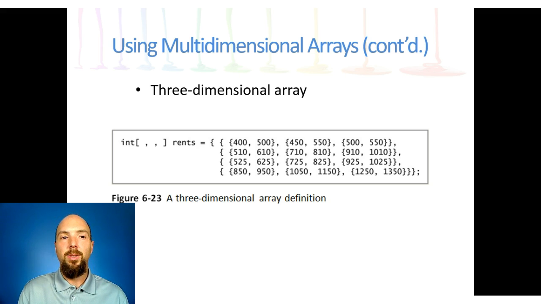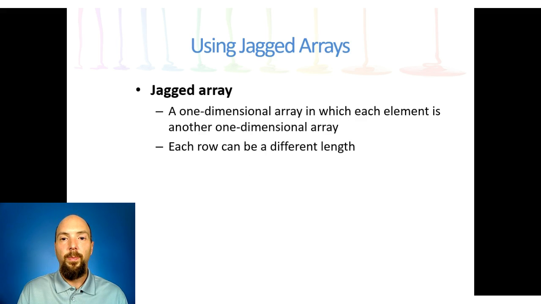Then we start getting into 3, 4, 5, however many dimensional arrays we need; we can keep adding data. When I add an array inside of that location, then inside of each of those I could have another array. We're not going to get that involved within this lesson, but at some later point you may need a 3 or 4-dimensional array to perform a lookup.